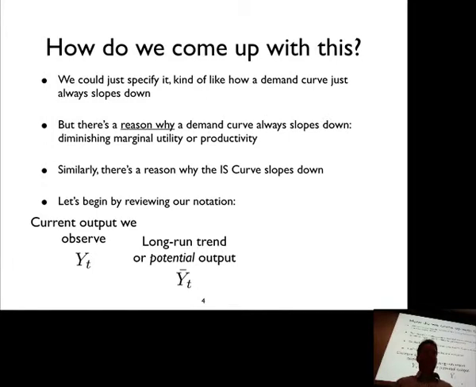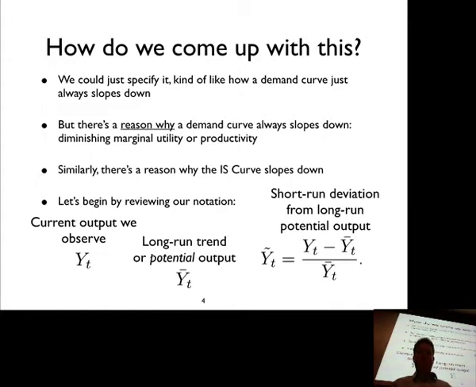It's what the economy could be doing if all the demanders were participating fully, if they were playing their roles as they maybe ought to be. And there is going to be a difference between the two of these things often. And we're going to focus on the percentage difference, Y minus Y bar over Y bar, the percentage that GDP is above or below its potential. If Y tilde is positive, you're above potential. If it's negative, you're below.